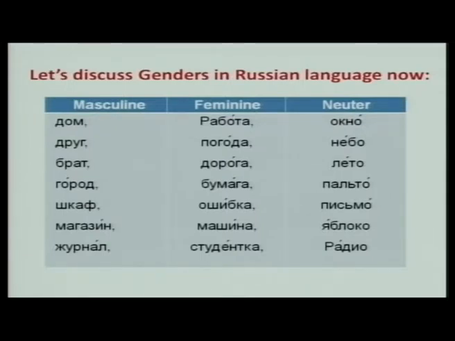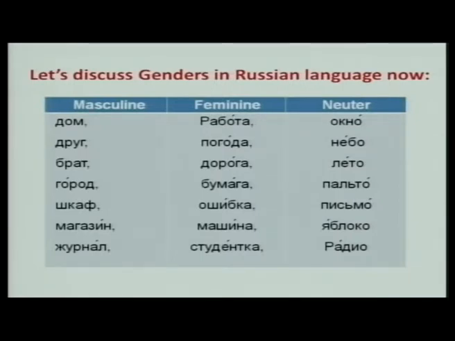Likewise, if a noun is ending with a, ya and iya, it is of feminine gender. And whenever a noun ends with o, ye and ea, it is of the neuter gender. Let me give you a few examples.